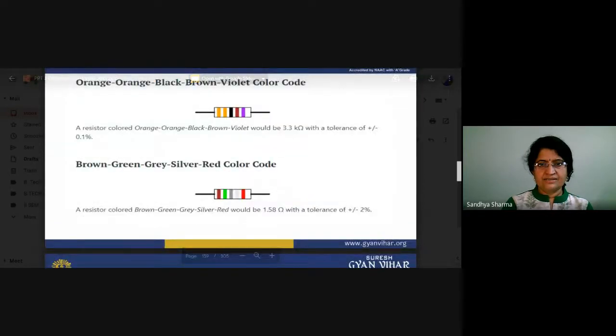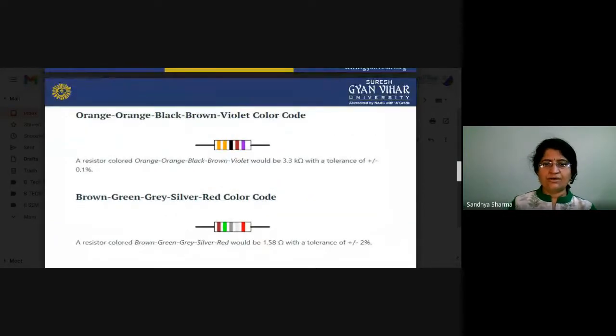Again, you can see it is a 5 band, orange, orange, black. The first 3 bands indicate digits, and the fourth one indicates the multiplier, and the fifth indicates the tolerance. So orange is 3 3, and black is 0, so 330 into 10 to the power, according to brown, that will be the multiplier, and purple indicates 0.1% tolerance.